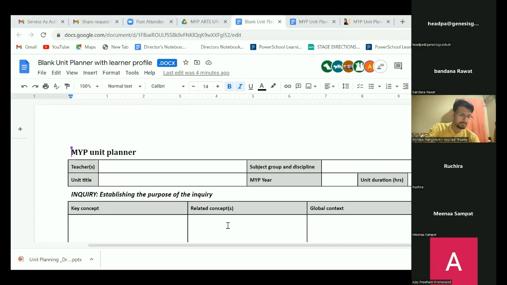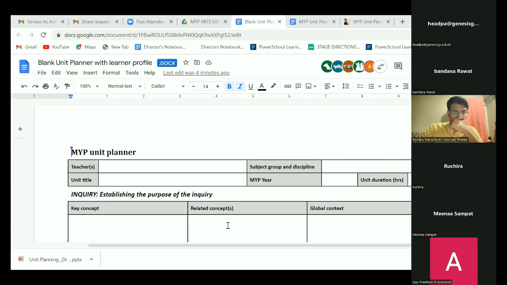So yeah, we can say unit title could be mime and movement, and MYP year to be MYP year 1. And key concept, what would you like to choose as a key concept? I usually think, because it's at a very basic level, because it's MYP 1, I think fundamentally going with communication.